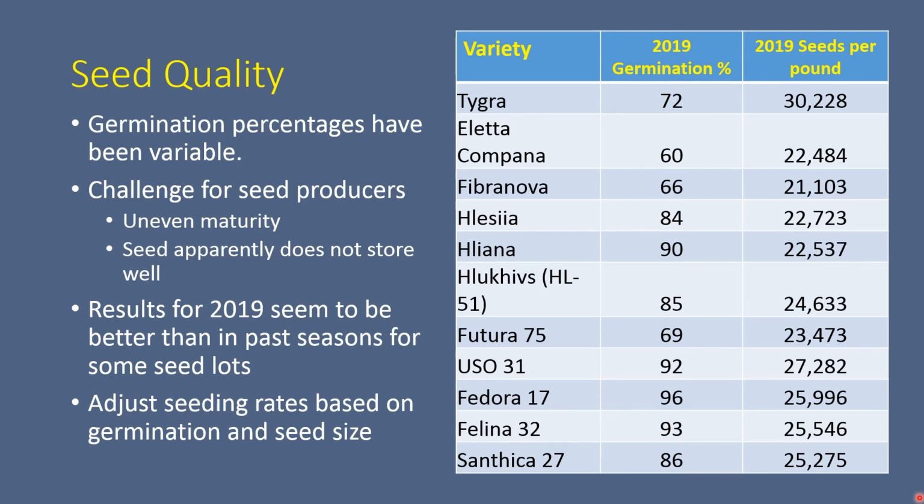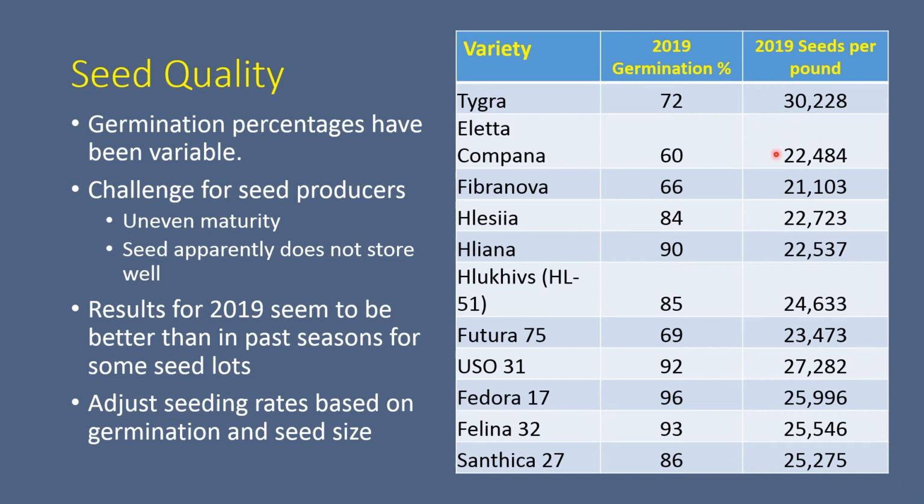So then you can count the number of seeds that have a root emerging and get an idea of what the germination percentage or the live seed that's in that lot is. And then you can use that germination rate to adjust your seeding rate to what you need.